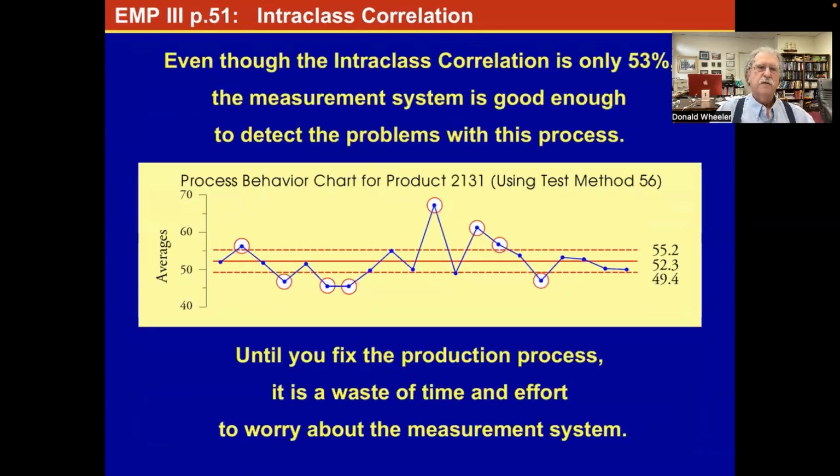So even though the intraclass correlation is only 53%, the measurement system is good enough to detect the problems with this process. Until you fix the production process, it is a waste of time and effort to worry about the measurement system.